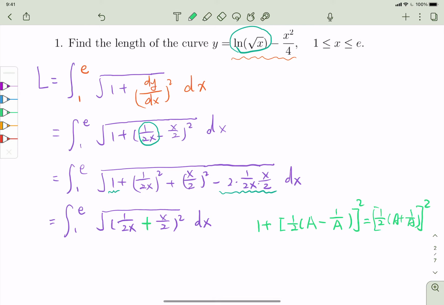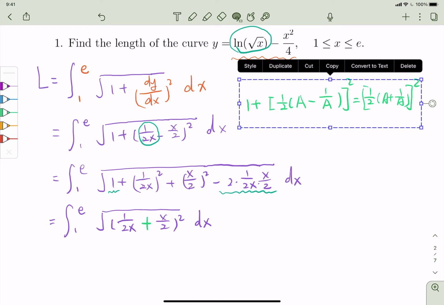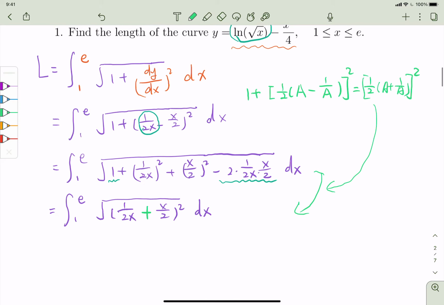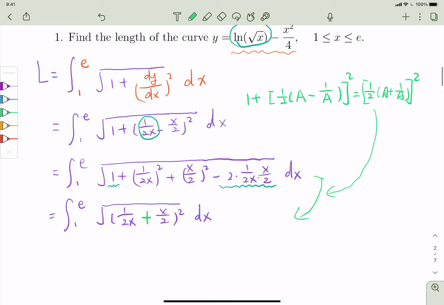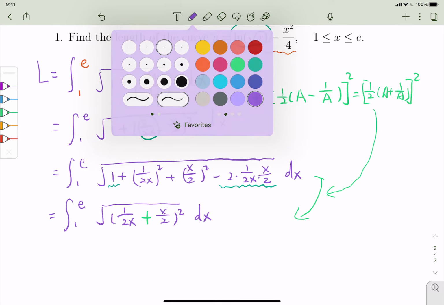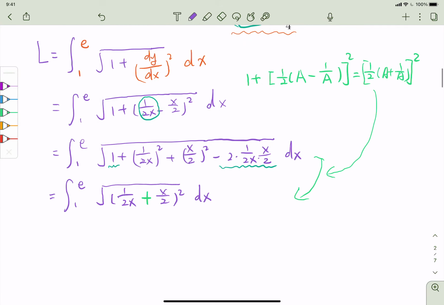When you do the algebra, just open the bracket, you will see this formula, and we use this here to change the perfect square. That is from here to here. Use this step. And later on, we're gonna use this perfect square we have just created to cancel with that square root.